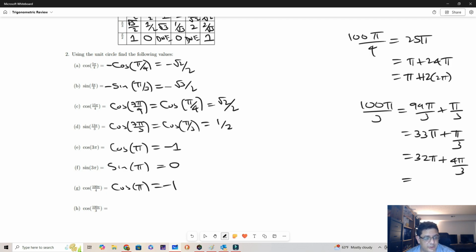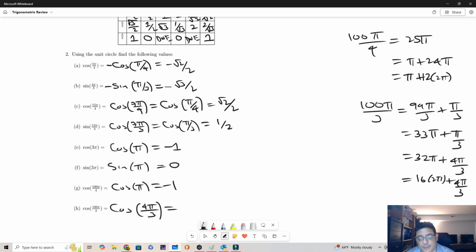Now this 32 pi, I can see it as 16 times 2 pi plus 4 pi over 3. So notice that we're turning 16 times around the circle and we end up at 4 pi over 3. So this is equivalent to the coterminal angle 4 pi over 3.